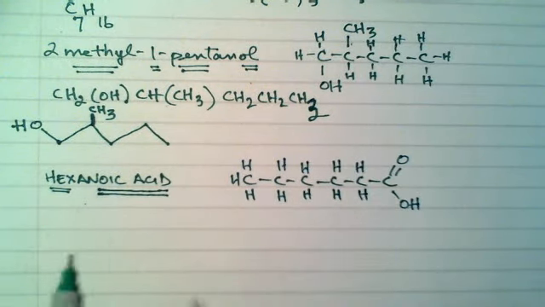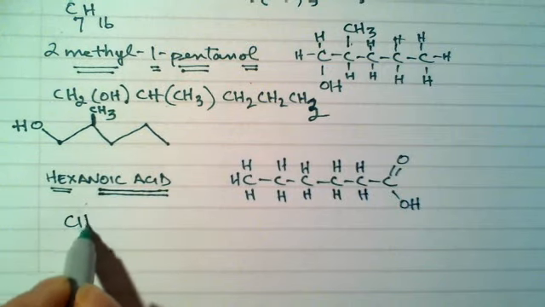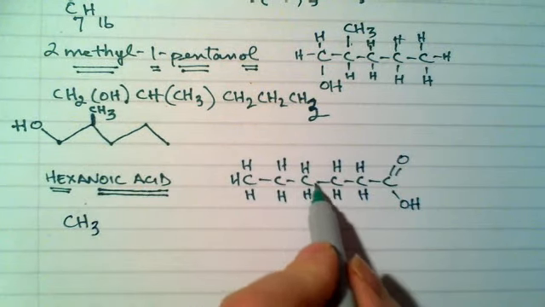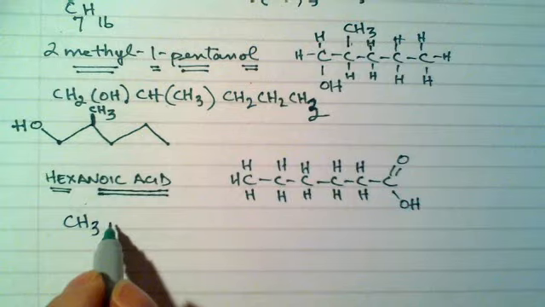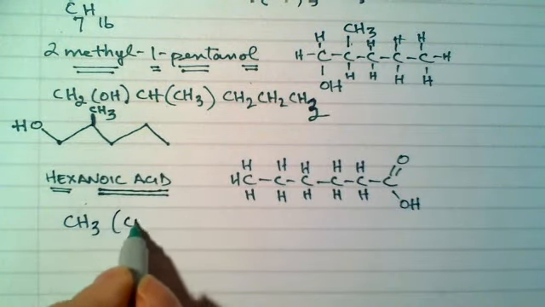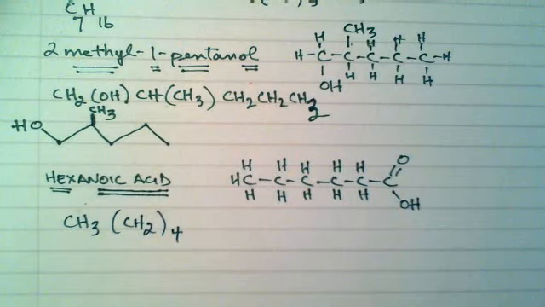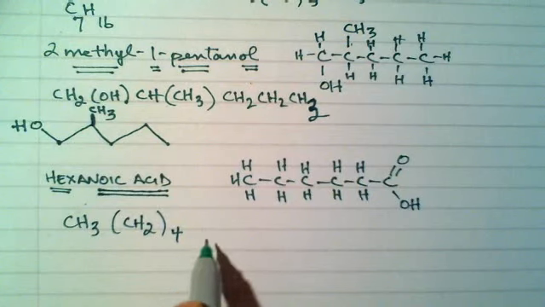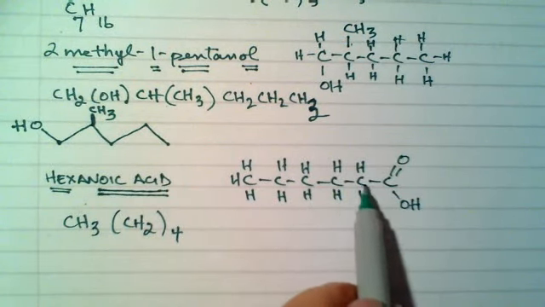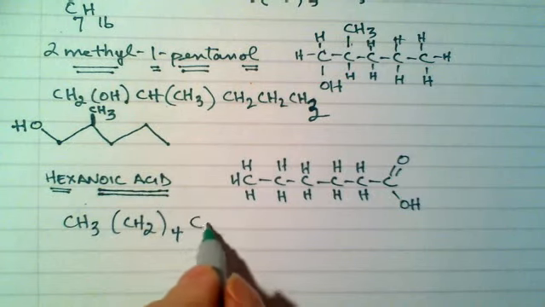My condensed structural is CH3, and then 1, 2, 3, 4. I didn't do this in class, but clearly it doesn't mean that 4 CH2s are branching off of this carbon, because it simply can't make that many bonds, so I don't think it's confusing to write it that way. 4, and then my group.